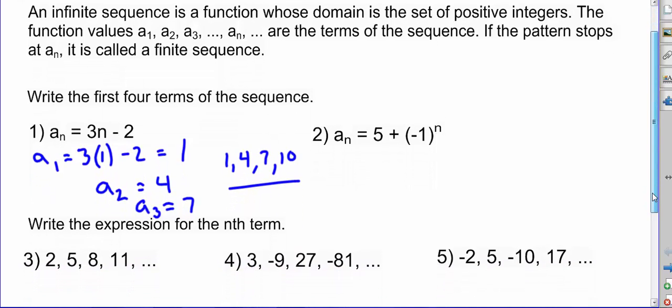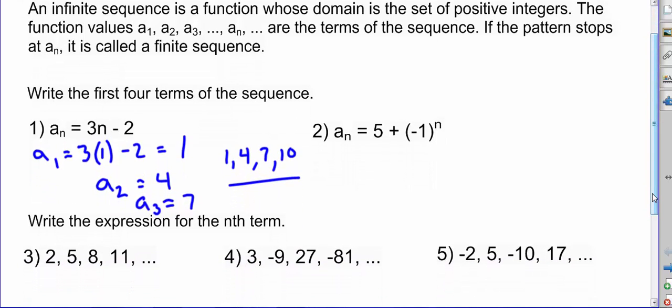All right, so looking at number 2, they give us a new sequence. A sub n is equal to 5 plus negative 1 to the n power. I didn't show much work on the first one, but I'm going to show even less here. Let's think about this. A sub 1 would be 5 plus negative 1 to the first, so that's 4. A sub 2 would be 5 plus negative 1 to the second.